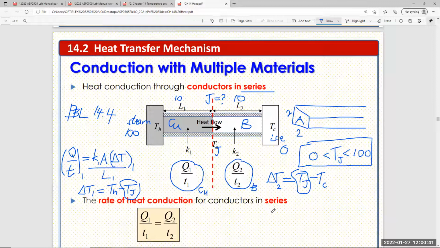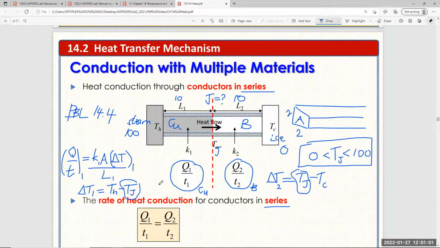Very important when it comes to a connection like this in series, joined continuously with the condition of the same cross-section area: although the materials are different, the heat rate in series is always equal for both.